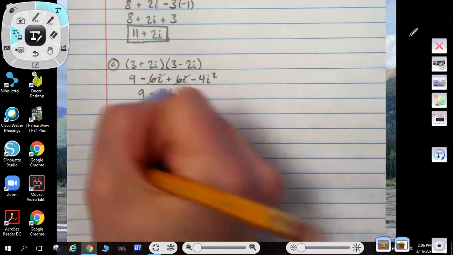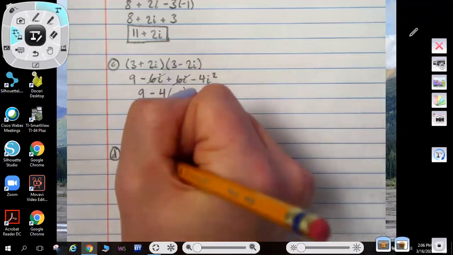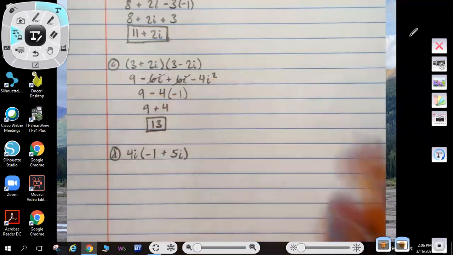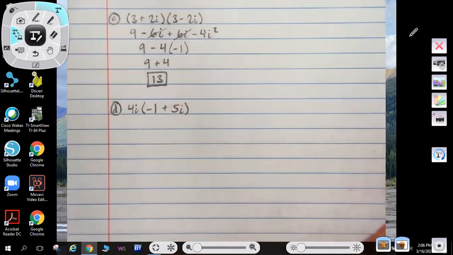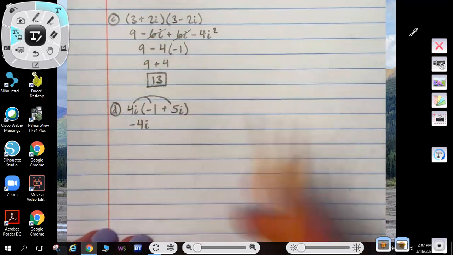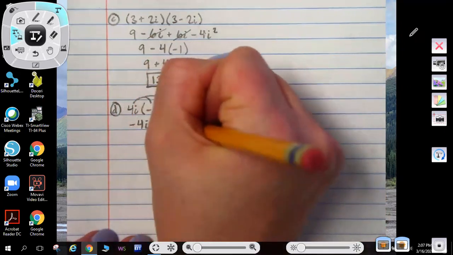Just a couple more. So part D. We have 4i times -1 plus 5i. On this one, we just have to distribute the 4i. 4i times -1 is -4i. 4i times 5i, we get 20i squared.